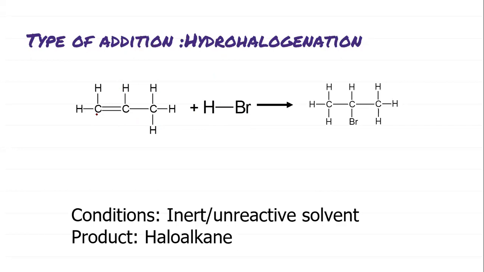We say, okay, in our reactant, it is an alkene, and there I actually have a double bond. But now, in my product, I can see that the double bond has been broken. It means my alkene has undergone addition.